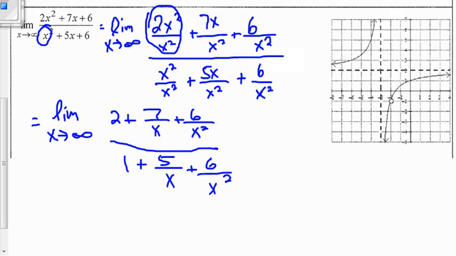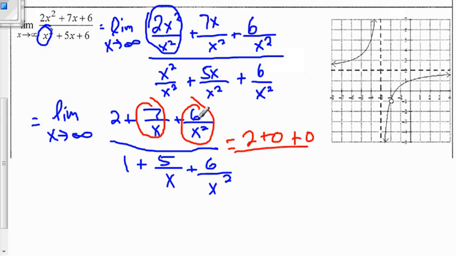And now as I look at this limit as x approaches infinity, we're just going to substitute in. That's 2. 7 over infinity is going to approach 0. 6 over infinity squared is going to approach 0. Any number, 6 being a relatively small number, divided by a very, very large number is going to be 0.